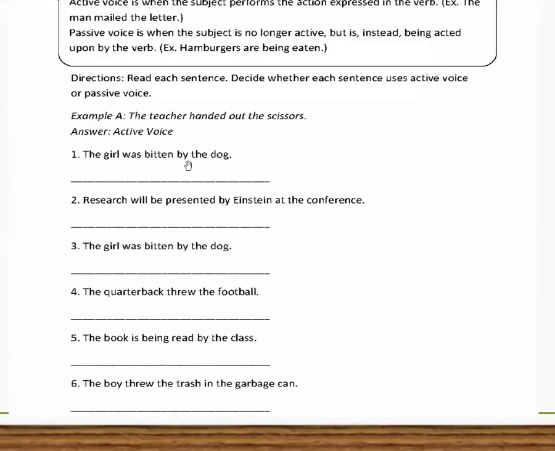The girl was bitten by the dog. By is over here. This is a passive sentence. According to this, we will change it into active. The subject first, the dog.